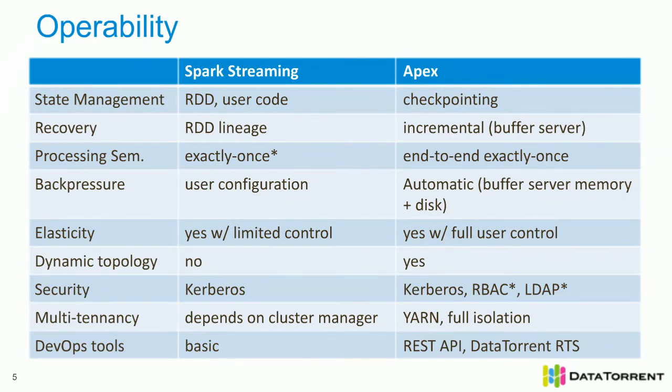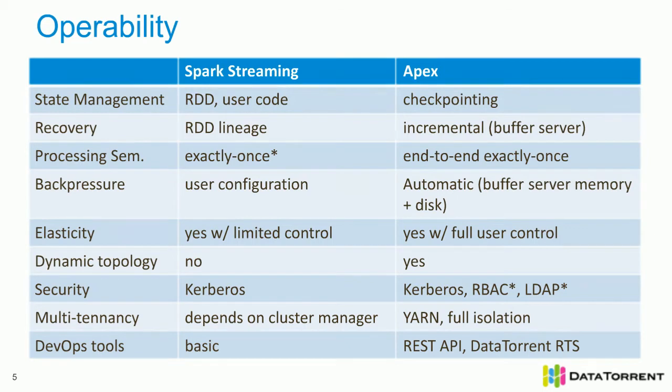Apex has the checkpoints. It will go back to checkpoints and then reprocess whatever data was in flight. In addition to that, it does not have to reset the entire topology. It only has to reset those functions that are affected by an outage. So in an overall pipeline, you may have 10 operators. If the failure happens in the last operator, then only that last operator will be restored, and the rest of the pipeline will continue processing in the meantime.